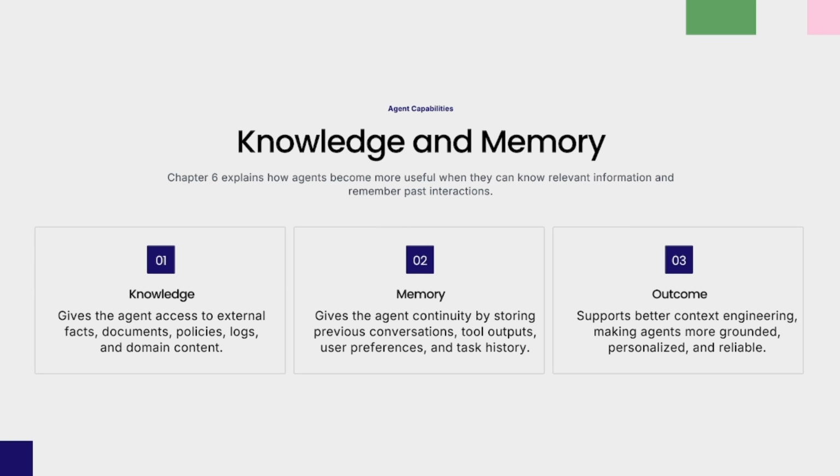Outcome: support better context engineering, making agents more grounded, personalized, and reliable. So, outcome is just based on context engineering. Context engineering is giving the agent the right information that is needed at a particular time, or in a particular situation, or for a particular prompt.